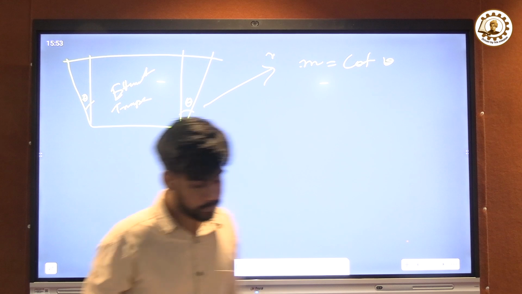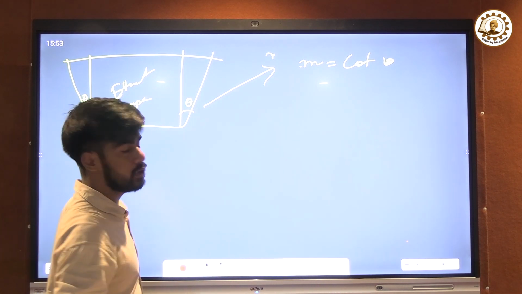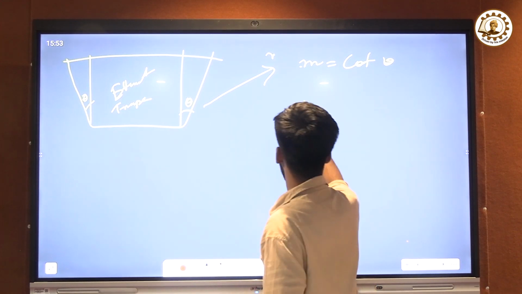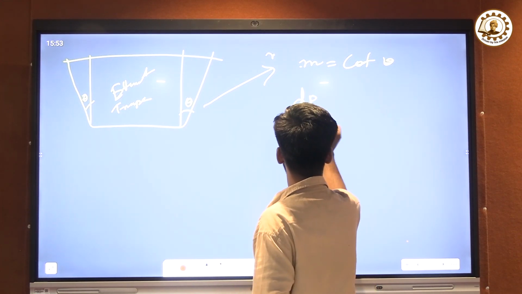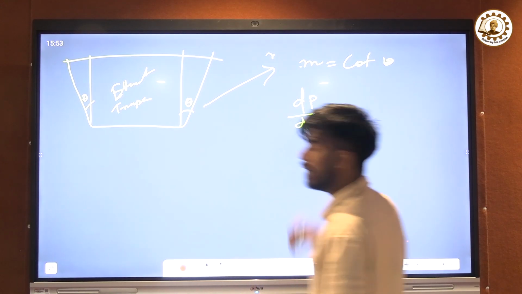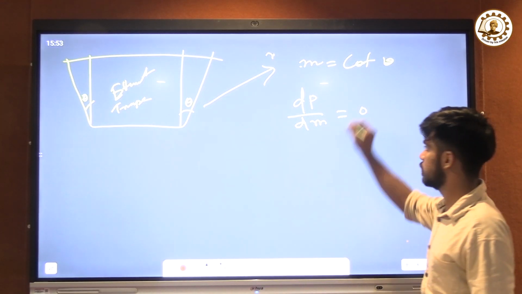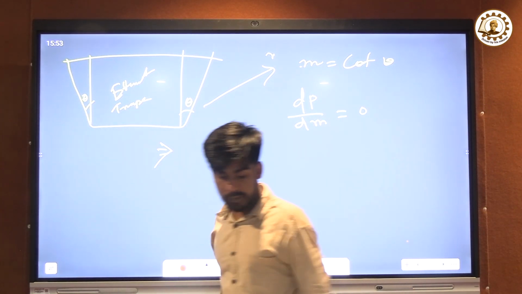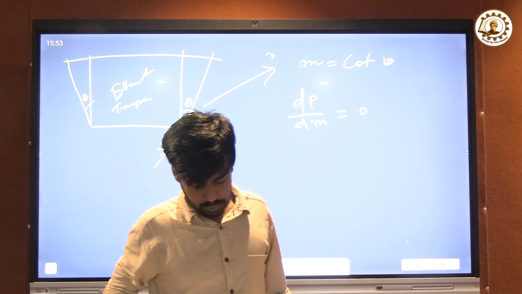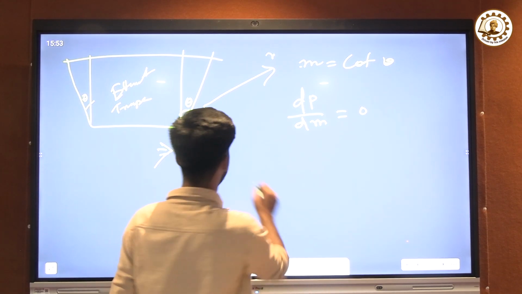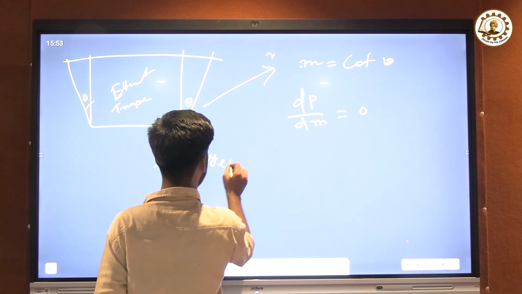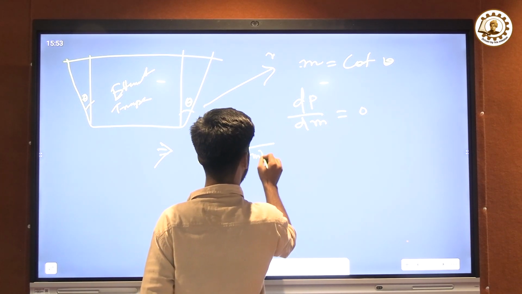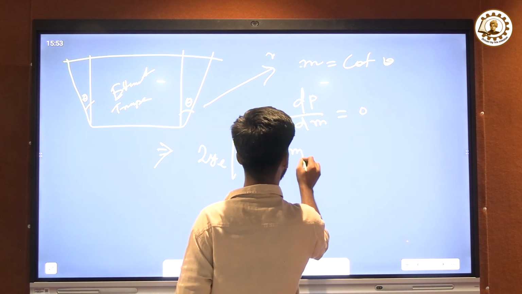As you can see, for the side slope it will have such a value that this term, dP by dm, which is the perimeter derivative, will be equal to 0. Okay, so what is our perimeter again? Our perimeter was 2Ye into (2 root over m square plus 1 minus m).